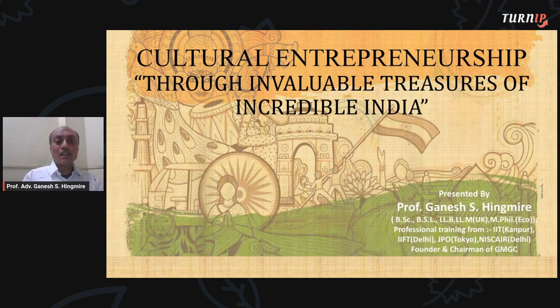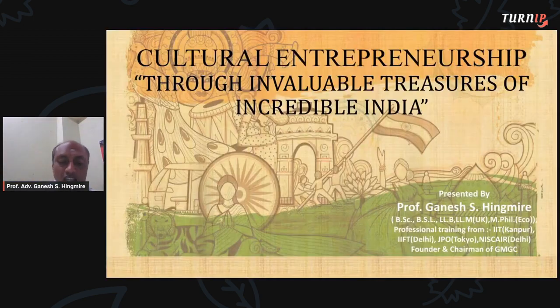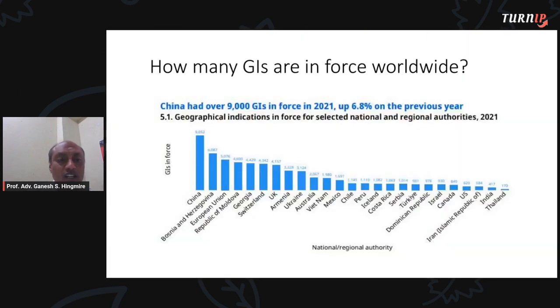So now let me start on today's topic: how we can commercialize the geographical indication, or how cultural entrepreneurship can be built through our geographical indication. Here we have to be very focused.